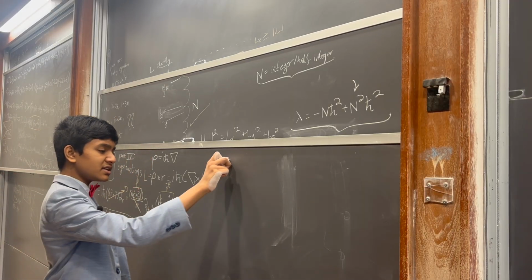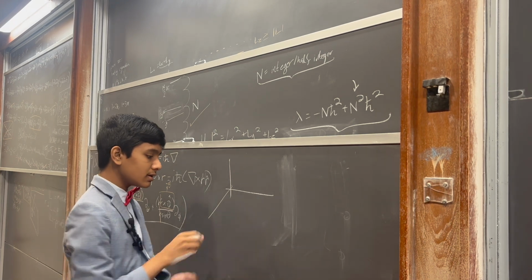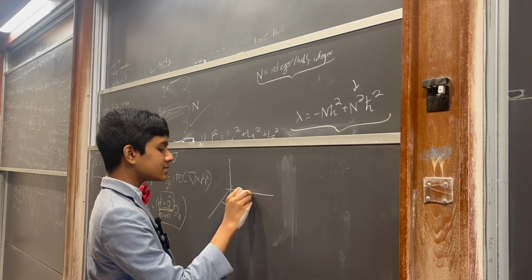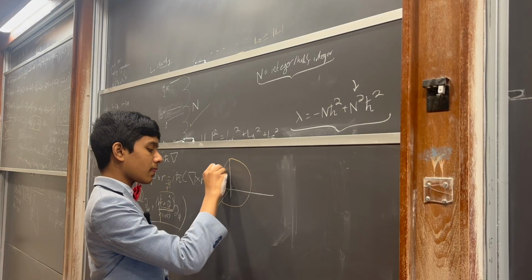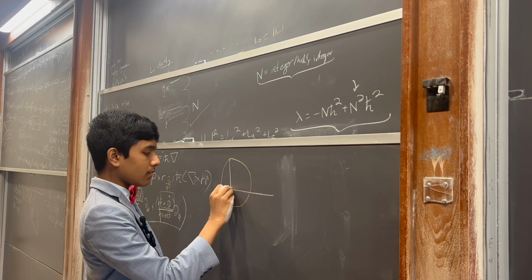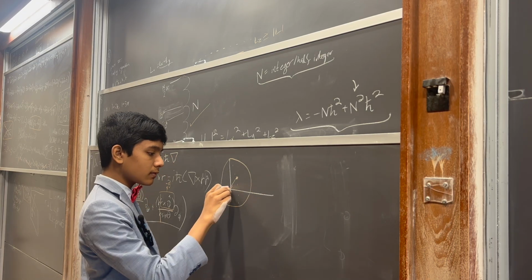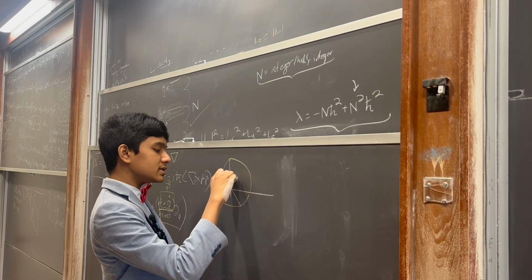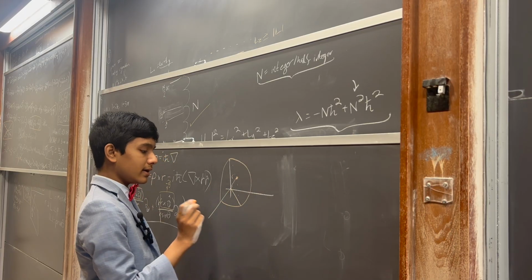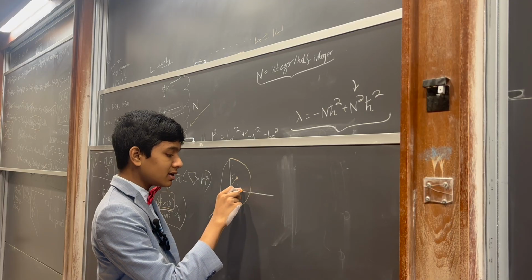Well, consider spherical coordinates. In spherical coordinates, if we have a point over here, r is this, of course, and this is what I got confused with a lot of the time.